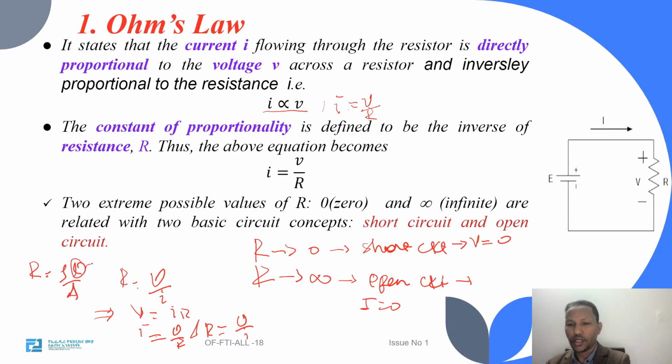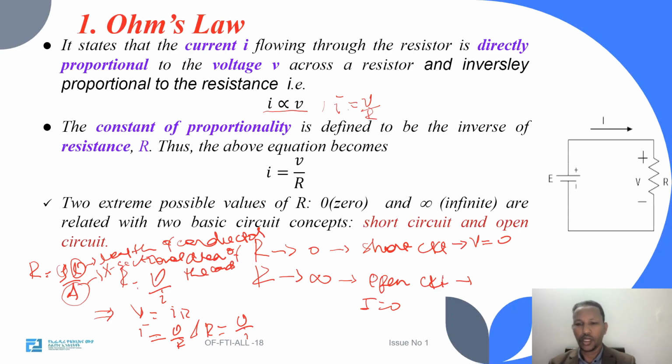Here L is the length of the conductor, rho is the resistivity of the conducting material, and A is the cross-sectional area of the conductor. That means different electrical materials will have different resistance values.